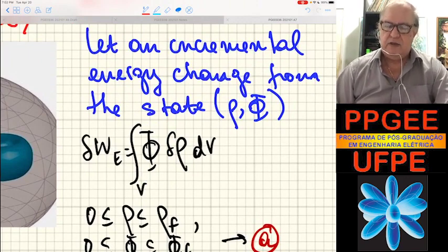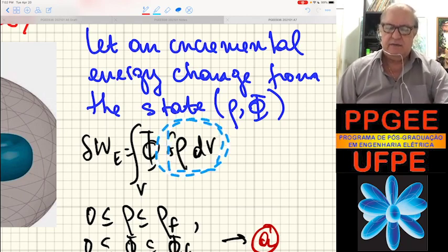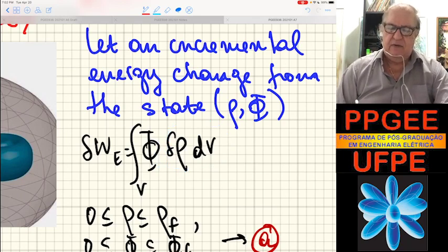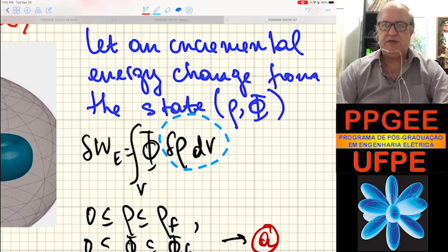Okay, so if I increase the charge everywhere, right? In a volume element dV, if I increase the charge density by delta rho, we are going to have a charge variation only on dV that's given by this change.